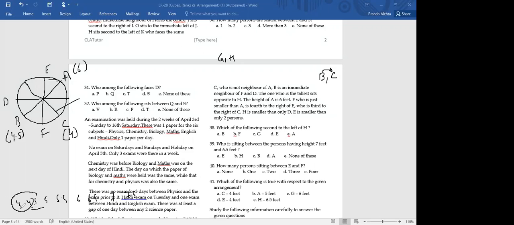Are you getting it now? Yes, sir. C becomes the shortest of all, because there's only one person who is shorter than B, which is C.